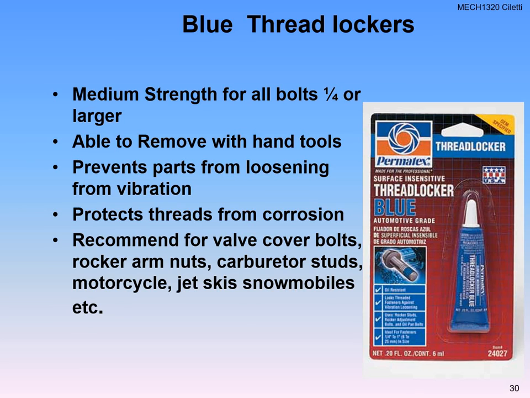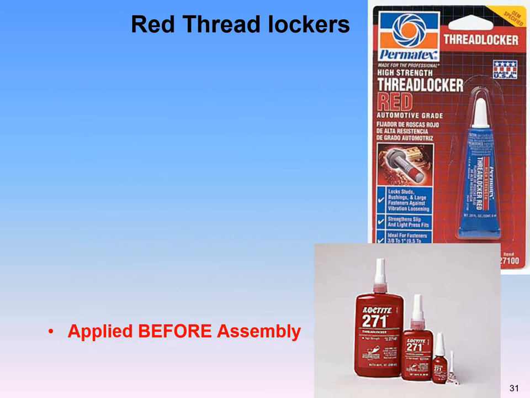Over time, vibration causes screws and bolts to back out. So it's important that we understand there are ways we can lock those in place, and that's permanent. You get that down on the bolt, it goes down into the threads, and as you twist, it locks it in place. Always apply before assembly on that one.